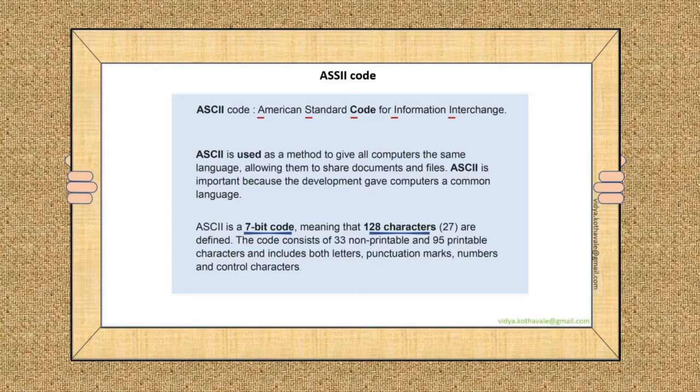These 128 characters can be assumed to be the 128 keys on the keyboard, wherein each key pressed represents a specific 7-bit code, and this is how the computer understands the key pressed on the keyboard.